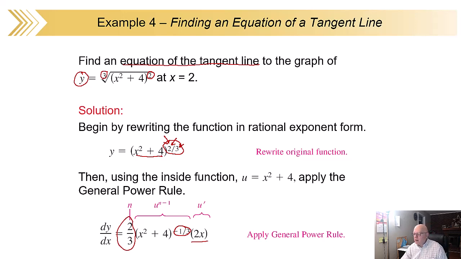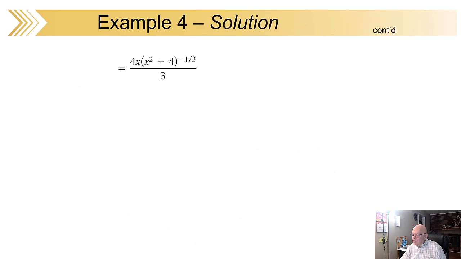Why do we care? Well, remember, dy dx is the slope of the line that we want at any particular point. So if we want a slope at x equals 1, we'll put 1's in for these x's, and we can get the slope. So there's our derivative. Simplified, put it back into the radical notation.